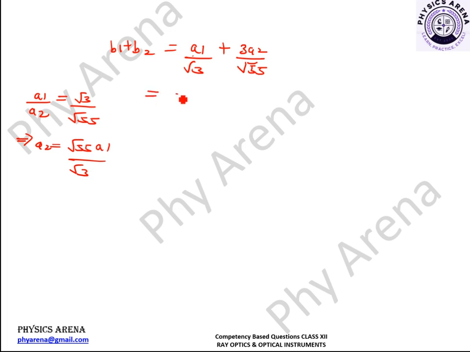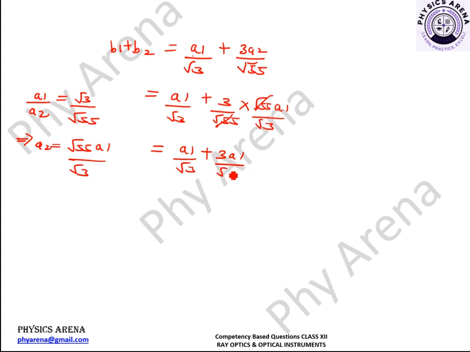So this will be equal to A1 upon under root 3 plus 3 upon under root 55 multiplied by under root 55 A1 upon under root 3. So I have replaced this A2 from the equation that was given to us earlier in the question. So this will simplify as A1 upon under root 3 plus 3 times A1 upon under root 3. So that is the value of B1 plus B2.